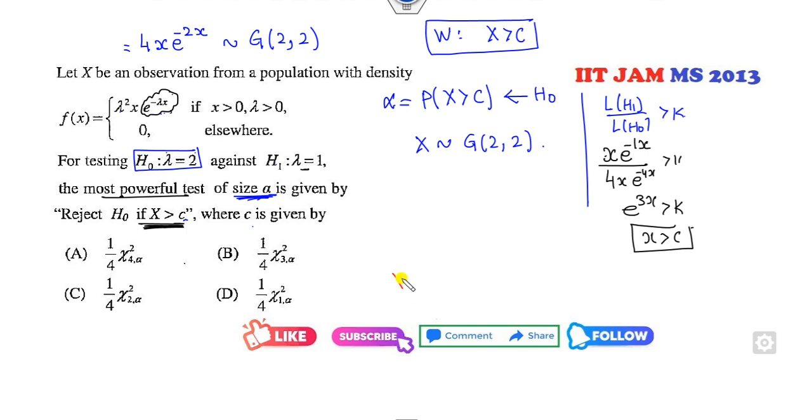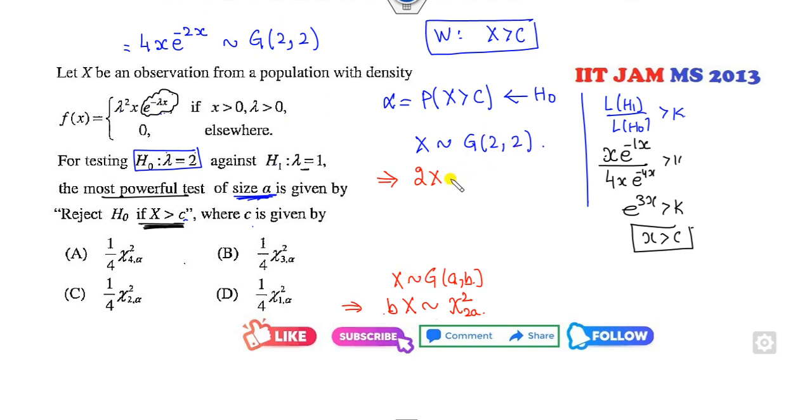So remember, if x follows gamma of a comma b, then 2 times b will follow the chi-square of twice of this. So from here you can see... no, is it... it's only b, I think it's a b times of this will follow the chi-square.